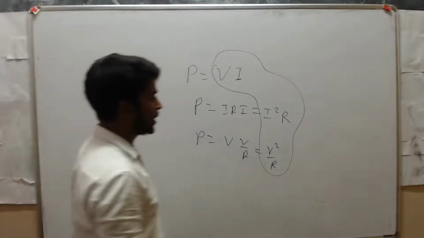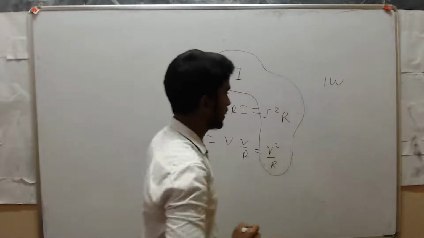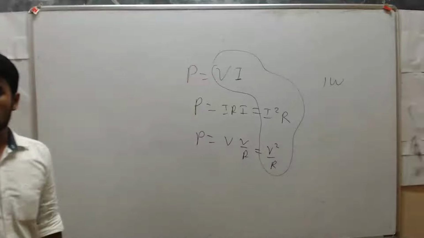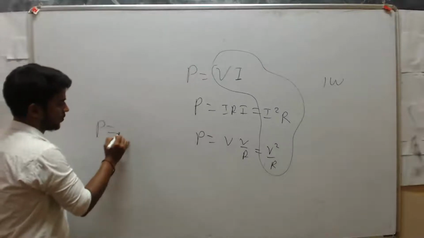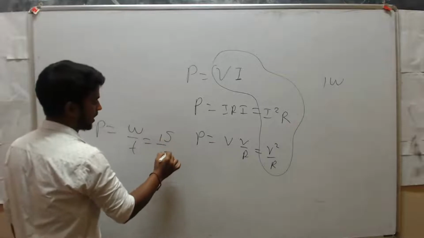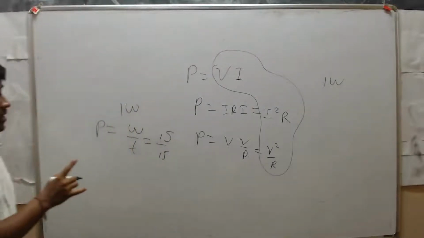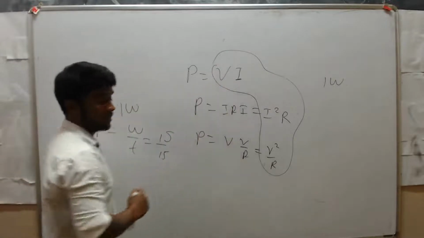Now tell me what is the meaning of 1 watt? That is capital W. We know one more formula, that is work done divided by time. If 1 joule of work is done in 1 second, then we can say that the power of that object is 1 watt. But here power equals V into I, right?